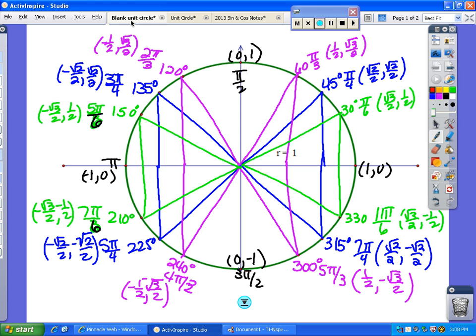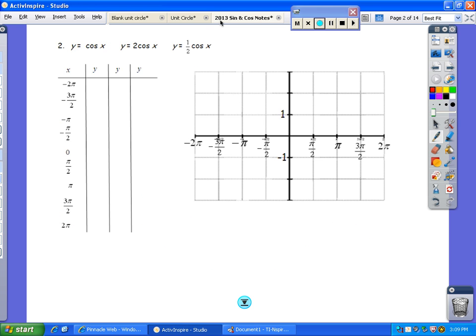At negative 3 pi over 2, my cosine is 0. Go ahead and fill out that chart using your unit circle. Okay, so I've got 1, 0, negative 1, 0, 1, 0, negative 1, 0, and 1. Everybody okay where I got those numbers from? Just going on my unit circle.